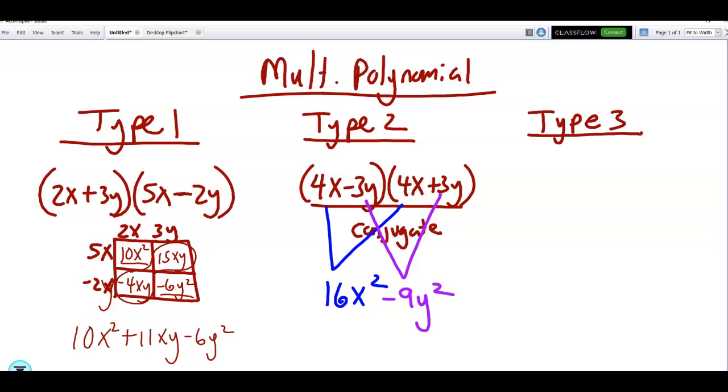All right. Now sometimes you'll see an expression that looks like this. Okay. Now what that really means is that we have this.